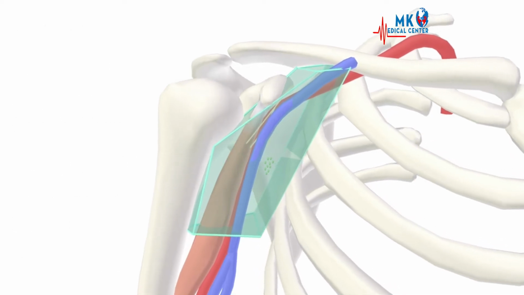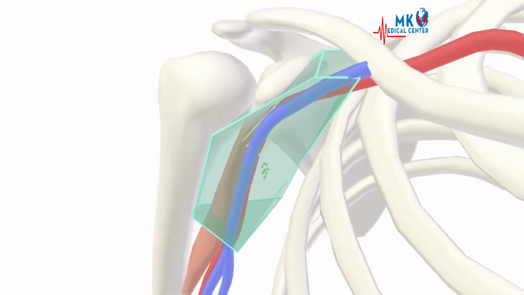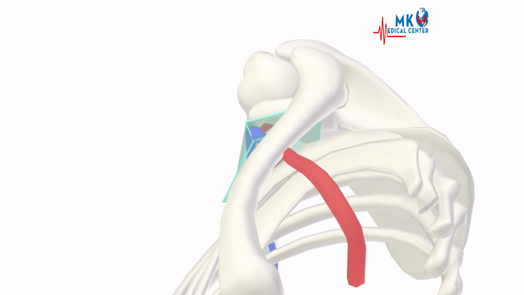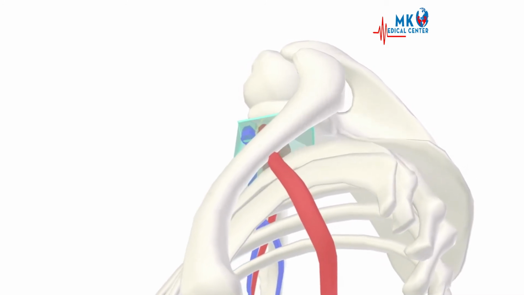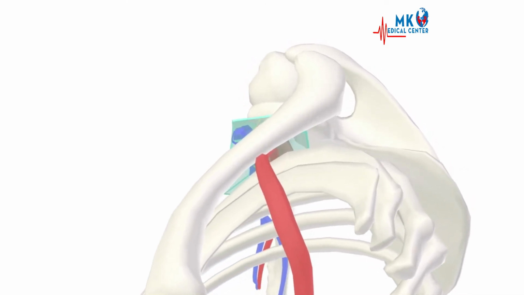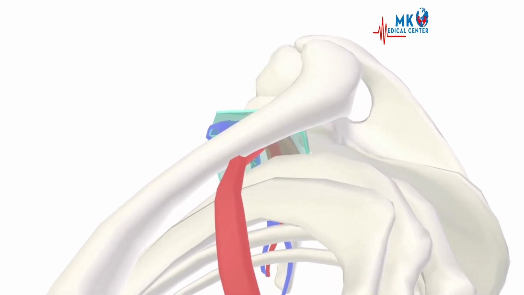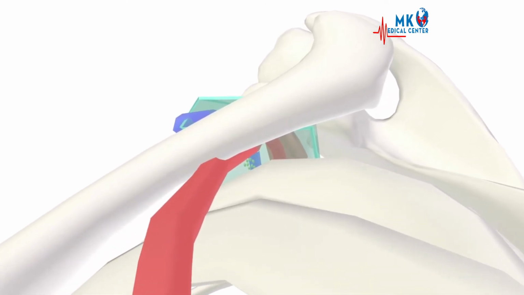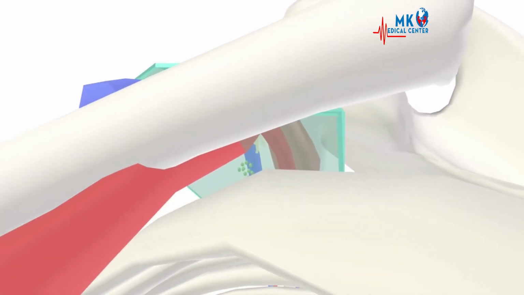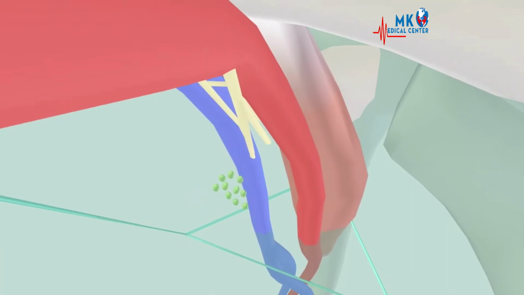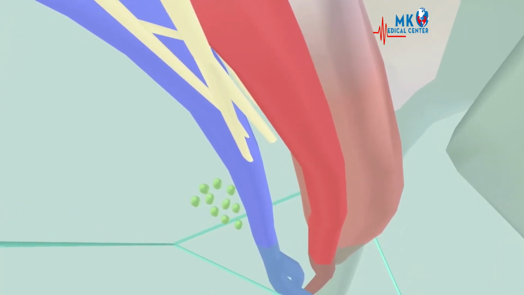Now that we've discussed the boundaries and contents of the axilla, let's take a short tour through it. We'll begin at the subclavian artery, which becomes known as the axillary artery once it has passed by the first rib. You may remember the first rib is also part of the superior boundary, so having passed that, we are now in the axilla.